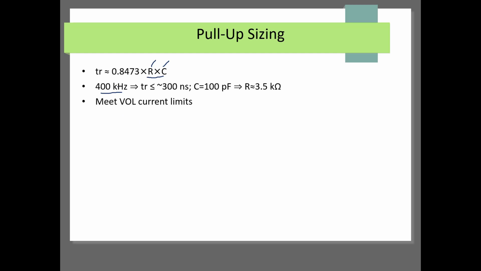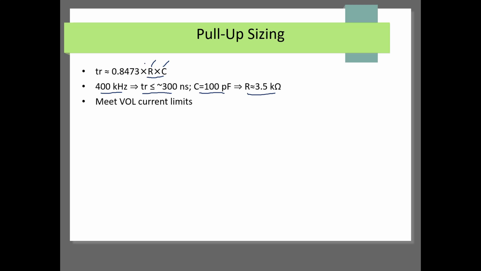So the rise time is less than or equal to approximately 300 nanoseconds. Here the capacitance value is 100 picofarads and the resistance value is 3.5 kilo ohms. Multiply these two values and you get a rise time of approximately 300 nanoseconds.